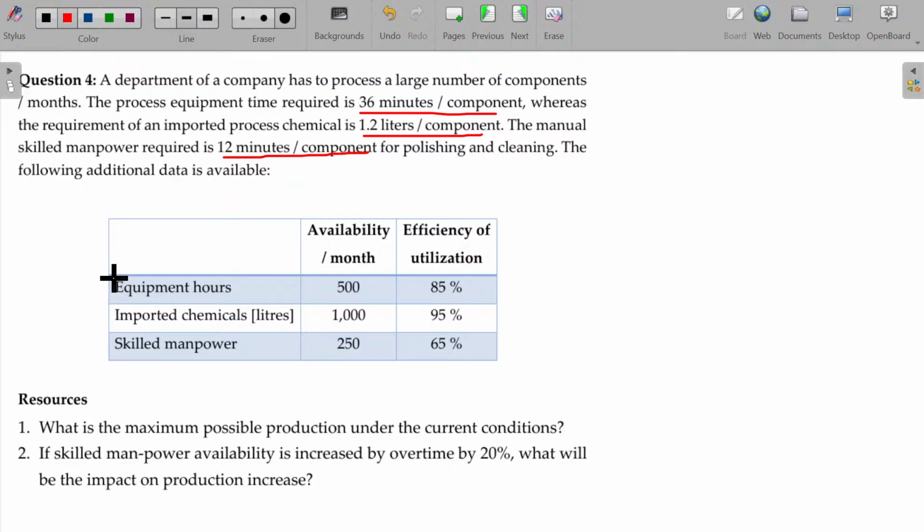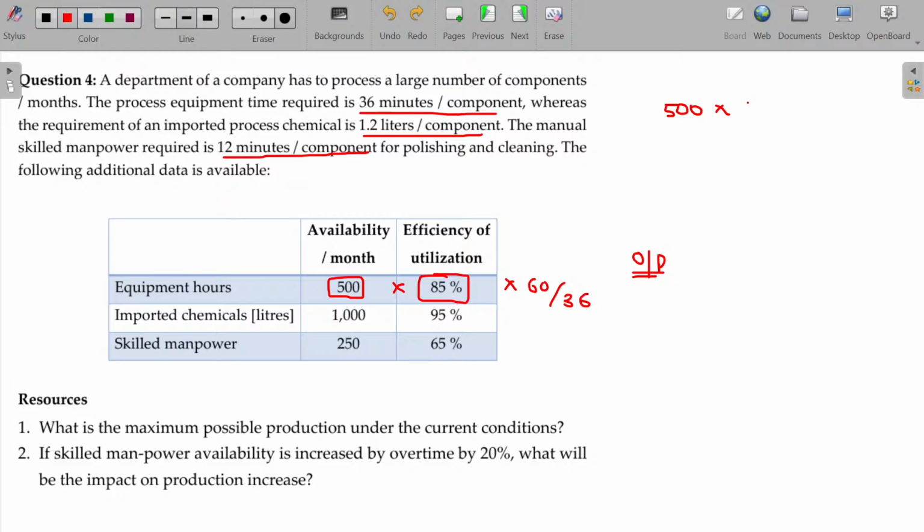Now, what are the equipment hours they have? 500 hours, efficiency being only 85%. Okay, what about the time required? 36 minutes. So, into 60 by 36. This will be the output, so you have to find out the output here. 500 hours available, but it is efficient for only 85%.